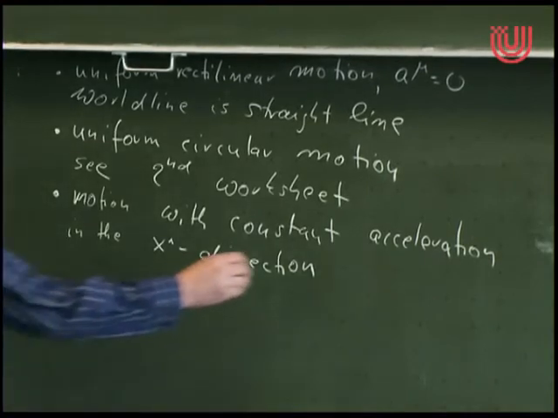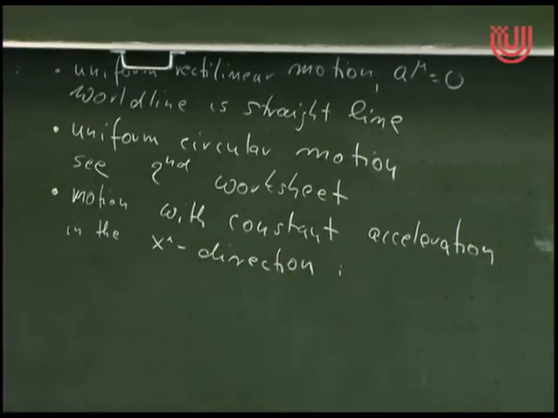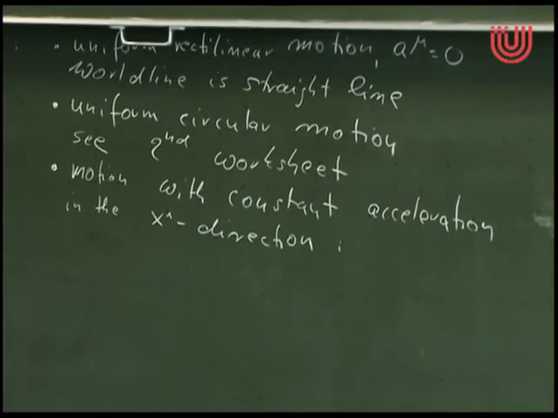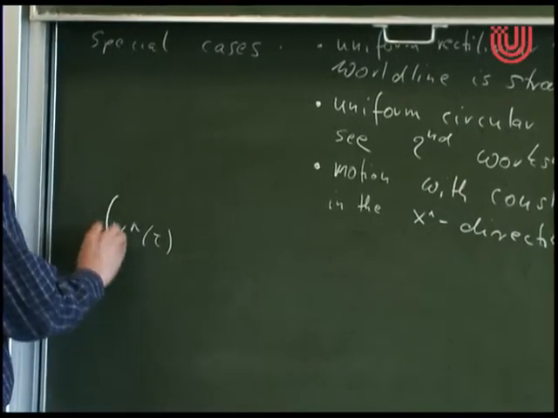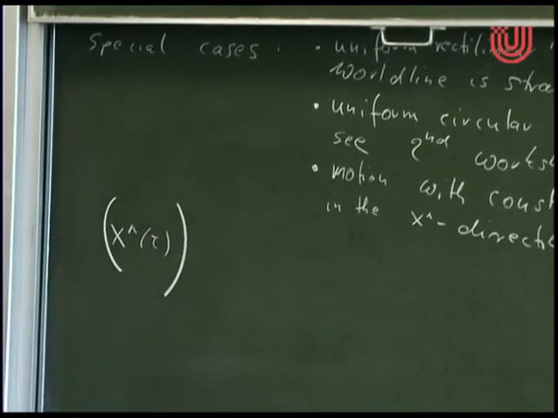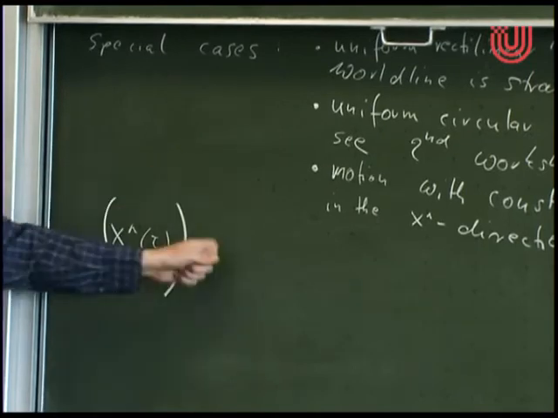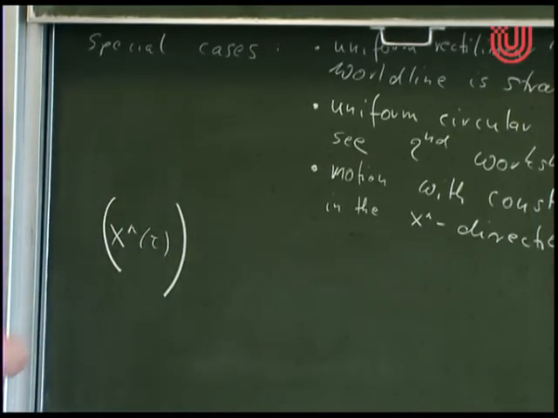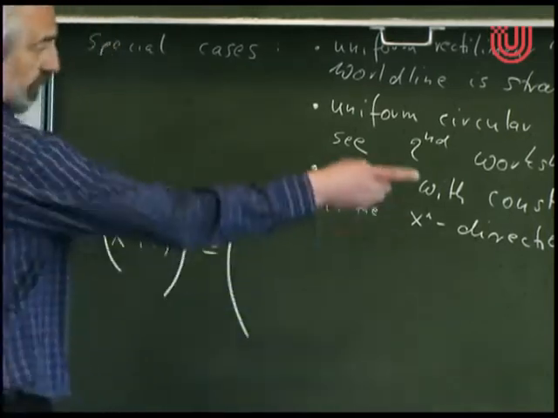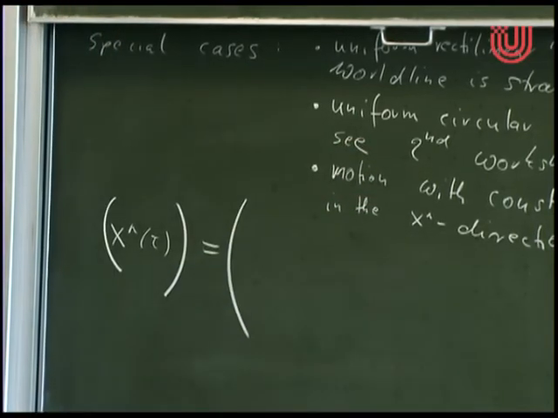So how would this look like? So how would the x mu look like? So obviously, I write this in the way x mu of tau, and I put brackets around this. By this I mean the column vector, yeah, the column vector with components x0, x1, x2, x3. That's what I mean by x mu in brackets. Because the motion is in the x1 direction, two components are 0.